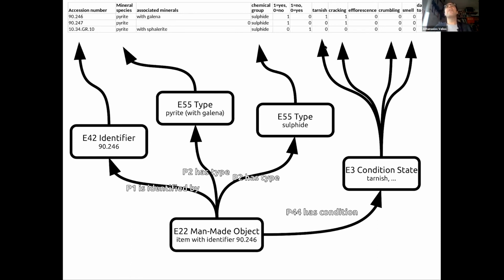And then I have a whole row of cells over here with condition, the kind of damage that these samples have. So the CRM provides a property P44 has condition, and that is E3 condition state, which is over here. So you see how the two-dimensional table becomes this series of networks, yeah?